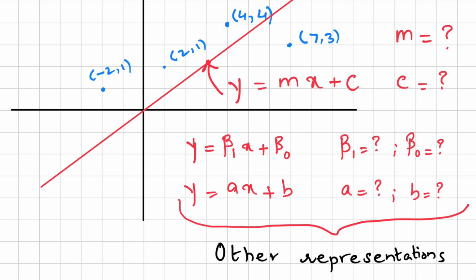So let's consider a case when we are given, say, 5 or 6 or whatever number of points, and our goal is to come up with a line that relates all these points. So we know that the standard equation of a straight line is y equals mx plus c, where m is the slope or gradient of the line and c is the y-intercept, which is the point where the line intersects the y-axis.